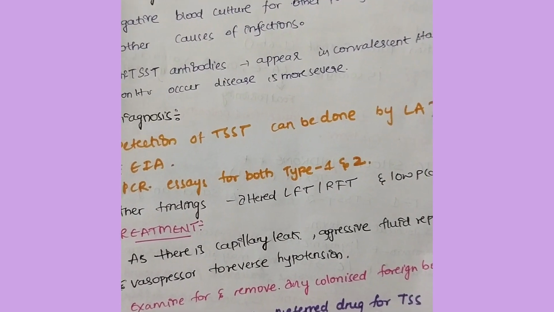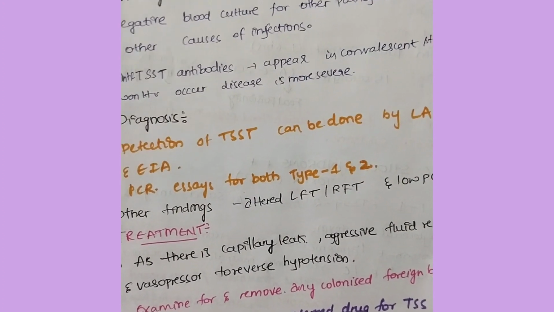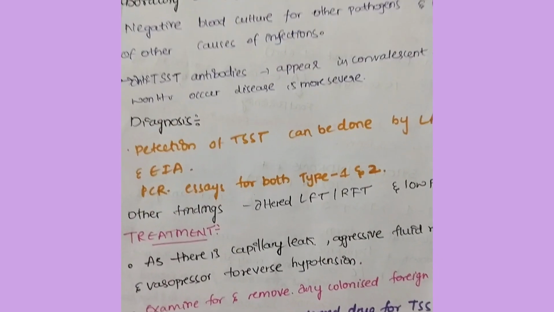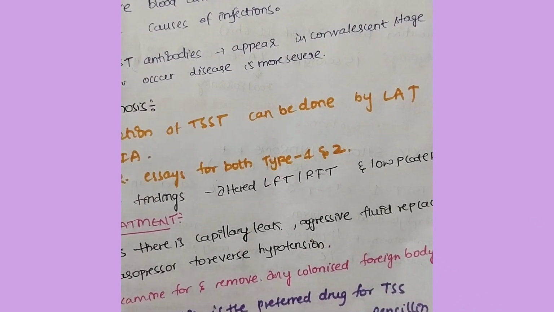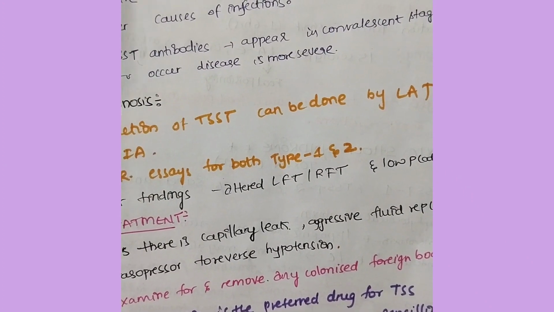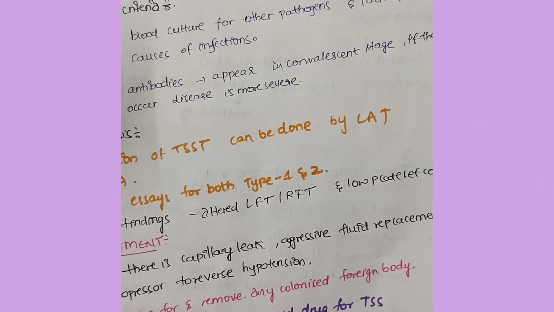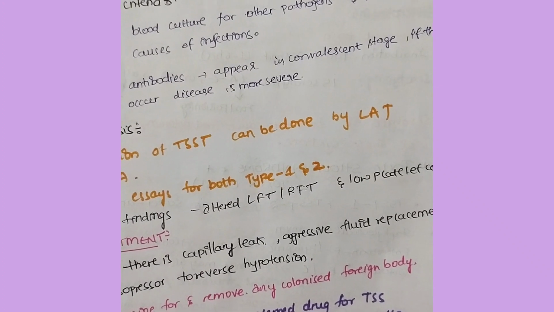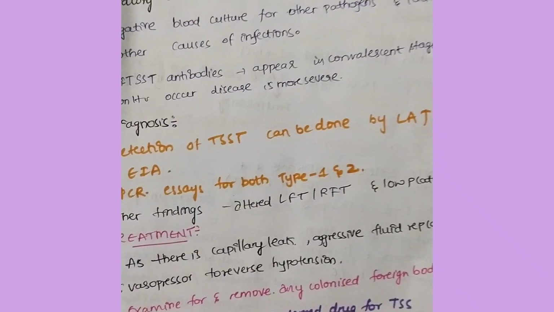Treatment will be, as there is a capillary leak, aggressive fluid replacement, and adrenergic drugs, which are vasopressors, should be given to reverse the hypotension. Examine for and remove any colonized foreign bodies like vaginal tampons. If they are there, we should remove them. And clindamycin, which is the preferred drug for toxic shock syndrome, should be given along with an anti-staphylococcal penicillin, which is cloxacillin for methicillin sensitive Staphylococcus aureus, or vancomycin for methicillin resistant Staphylococcus aureus.